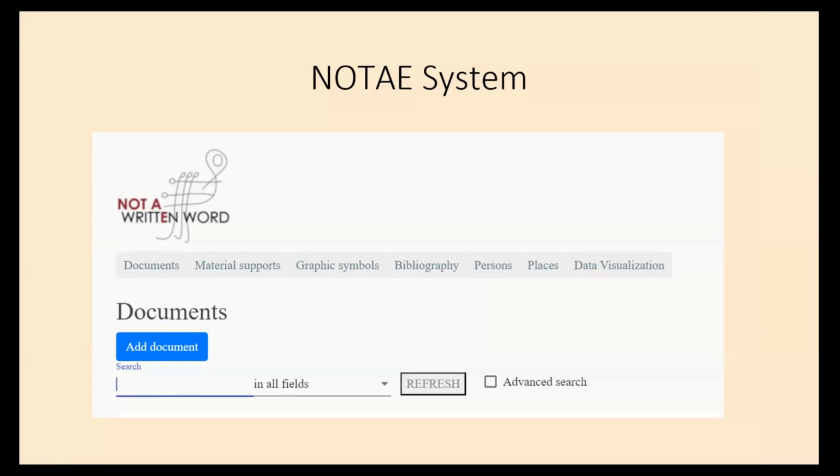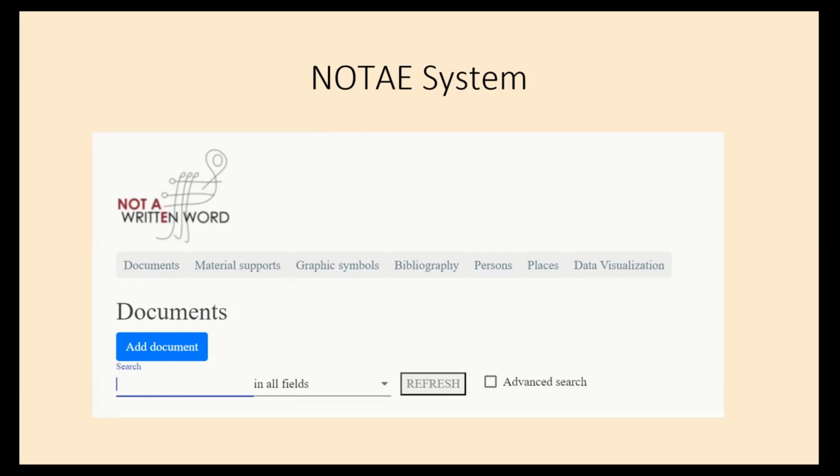The database will be launched at the end of the project, so in the middle of next year. Our IT specialists are currently working on the public version of the database, but unfortunately it's not yet available even to us. We should finally have the possibility to work on it and test it only in mid-January. Because of that, I'm not able at the moment to show it to you.